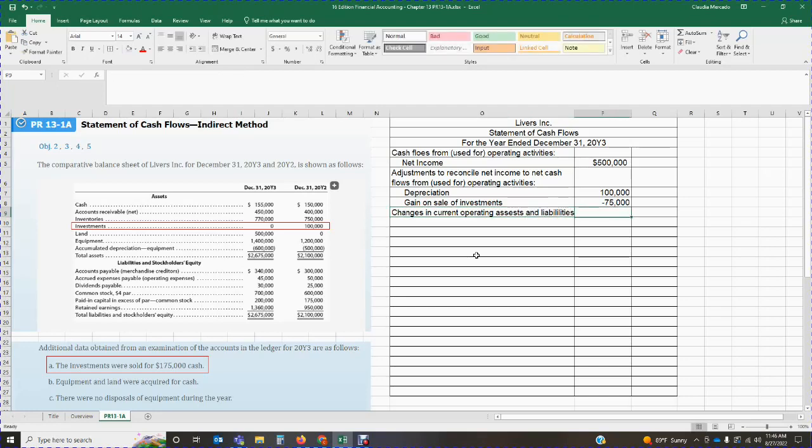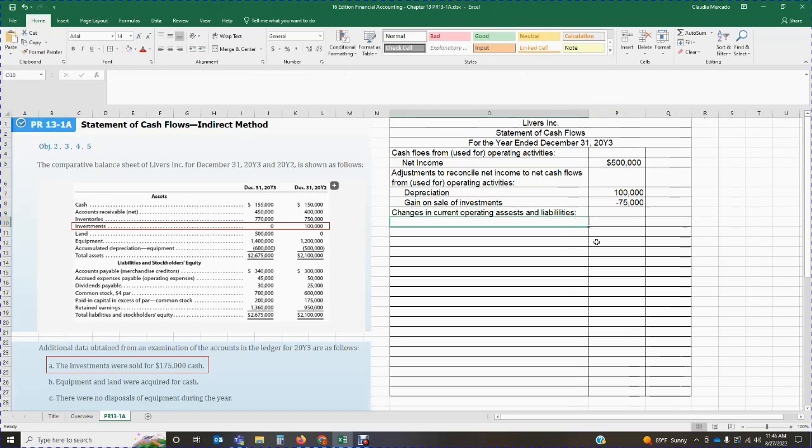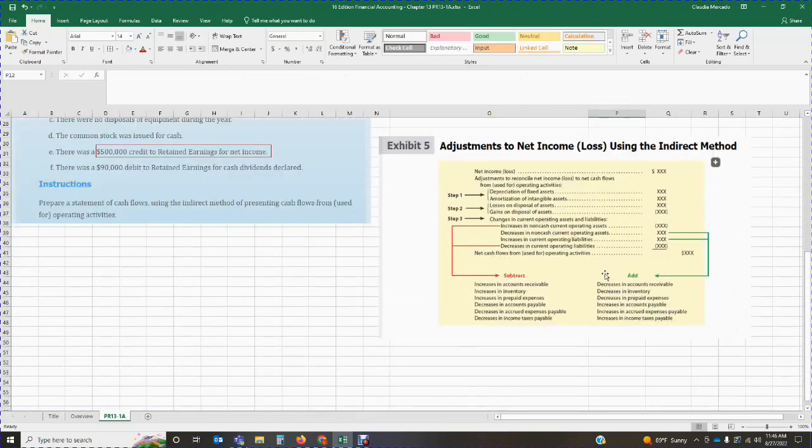Liabilities. There we go. So this is where we have to look at this table down here. That's why I'm telling you, keep it handy. Now we're going to figure out if we have any increases in non-cash current operating assets or decreases in non-cash operating assets.